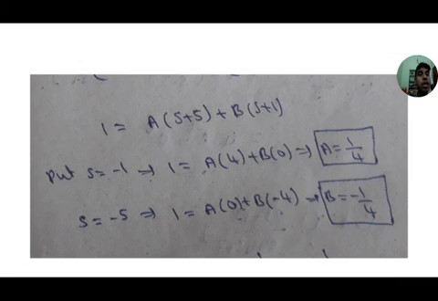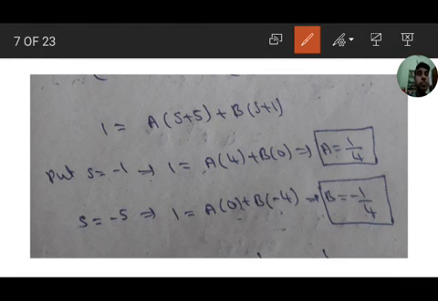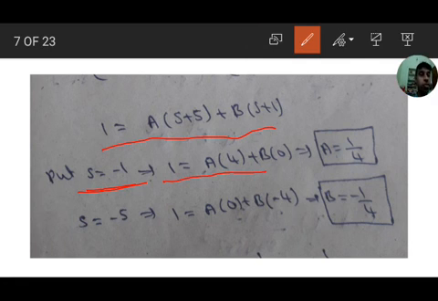Next, 1 equals a into (s plus 5) plus b into (s plus 1). So substitute s equal to minus 1: 1 equals a into (minus 1 plus 5), that is 4, 4a, plus b into (minus 1 plus 1), 0. This is 0.